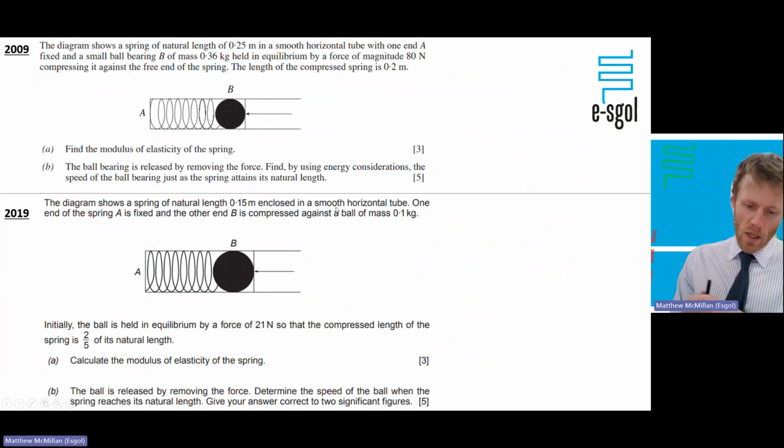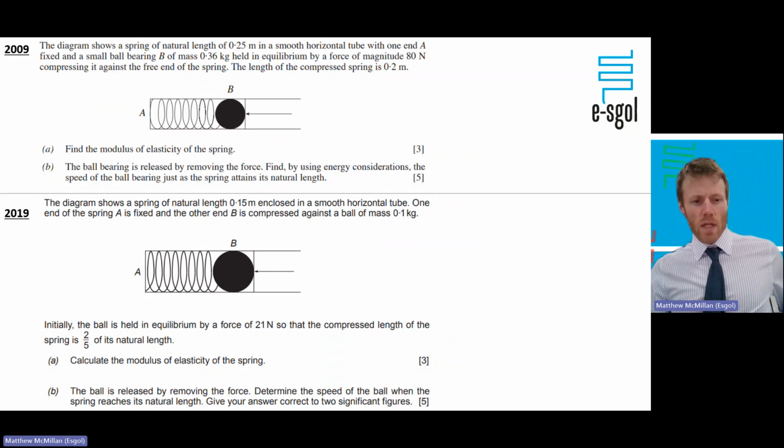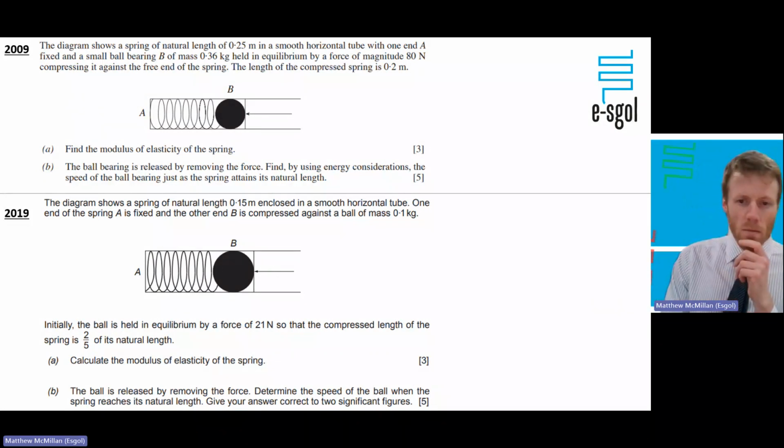Now, another type of question that I have seen come up is one involving a spring. I noticed when I was looking through the past papers, in 2019, at the bottom here, we had a question with a diagram with a spring, and then I went back 10 years earlier and found a question in 2009. It looks like a very, very similar diagram. It's a very similar question, actually.